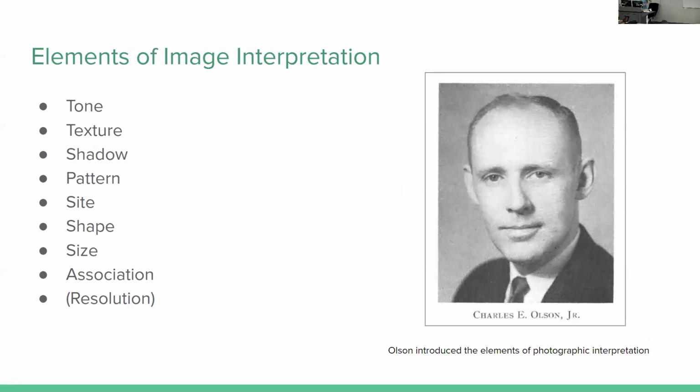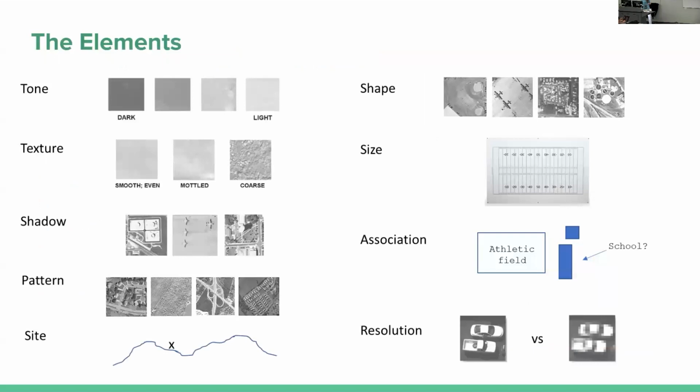So Mr. Olson here introduced the elements of photographic interpretation back in his day. And these are all the different things that we use intuitively to understand, oh, I'm going to call that a house, I'm going to call that a boat, and label it with our tags and key value pairs in the data.